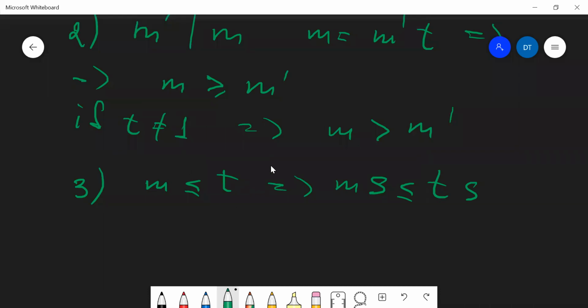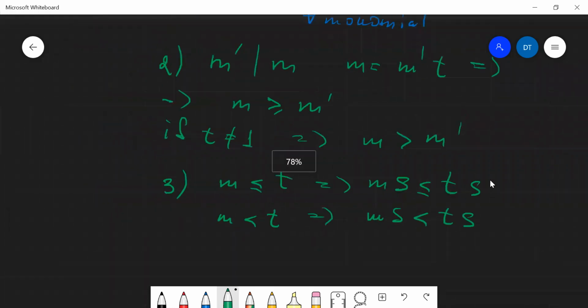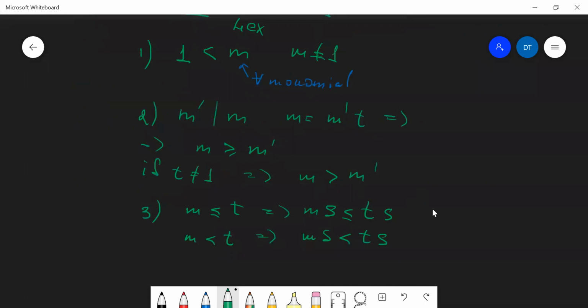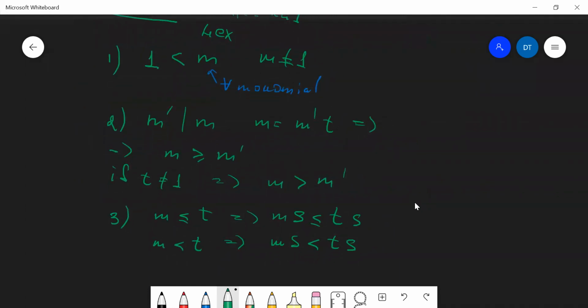If we have this comparison between m and t, then after multiplication by any other monomial, the comparison stays exactly the same. And if we have a strict inequality, then here we also have a strict inequality. So these are some properties of the lexicographical order.